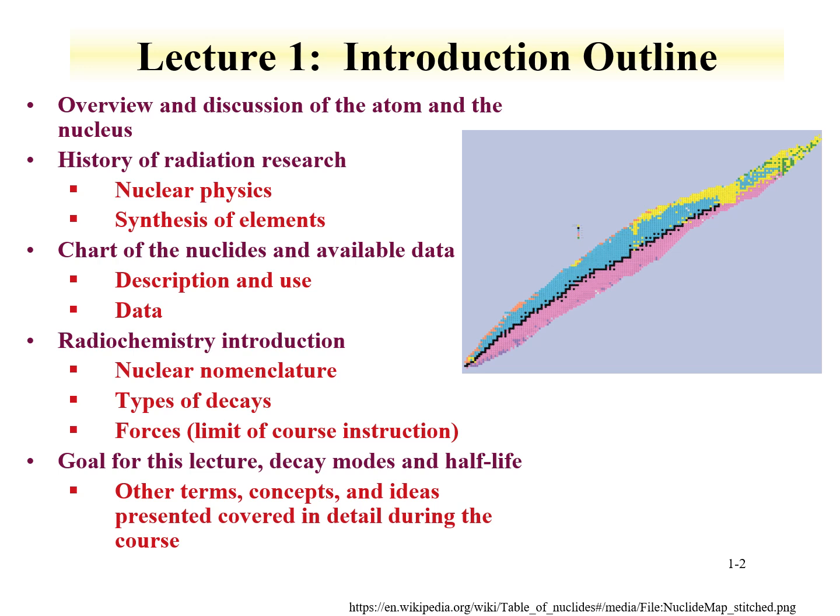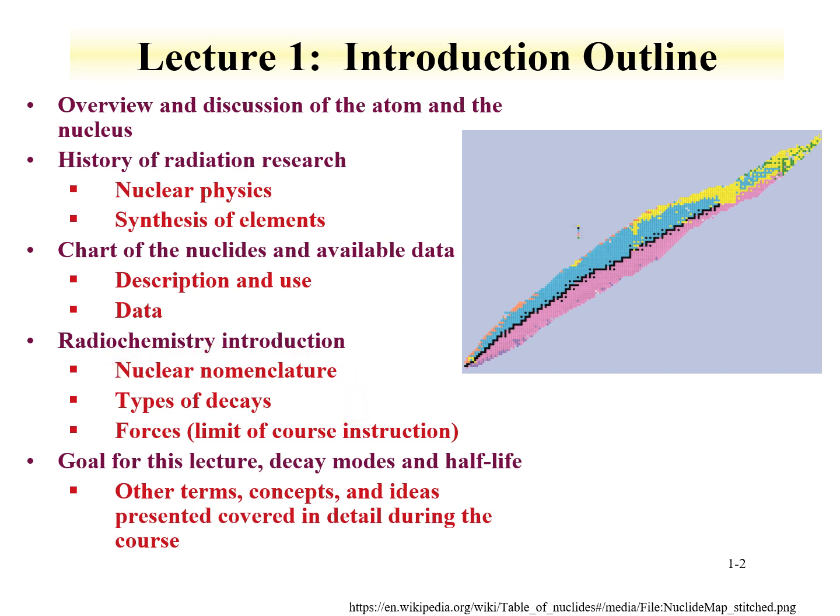We'll describe the use and give some examples of the data, primarily focusing on half-life and decay modes for this lecture and this part of the course. We'll also introduce terms common within radiochemistry, particularly terms such as isotopes, which we've discussed and I'm sure you've heard previously in courses.